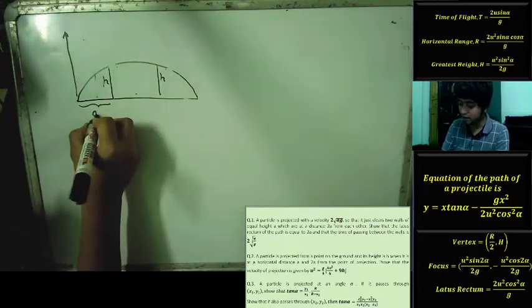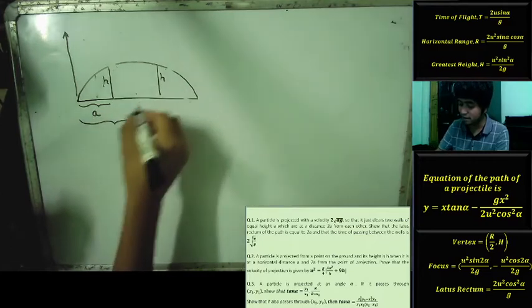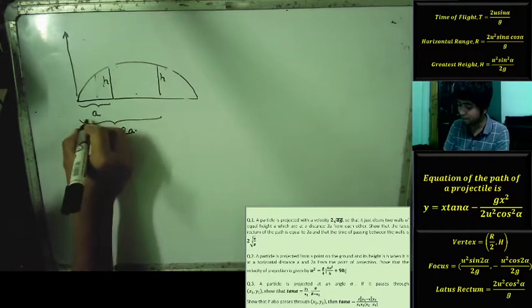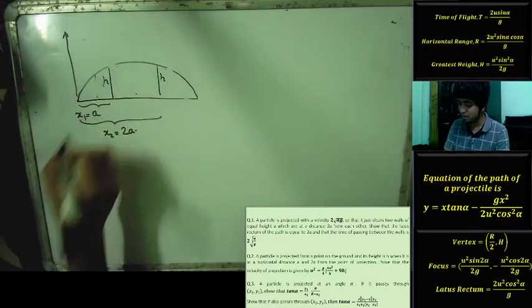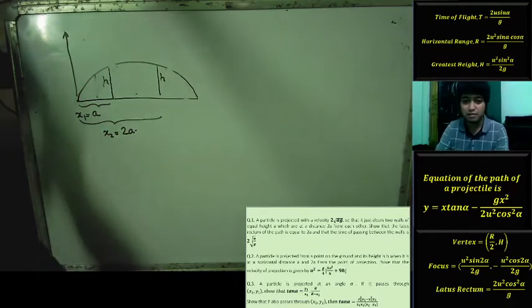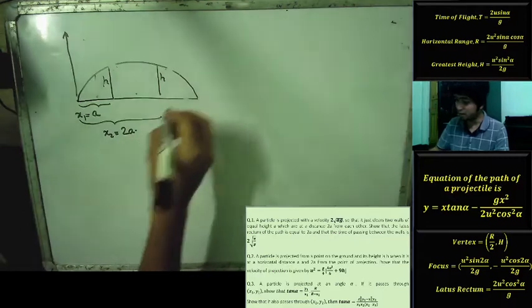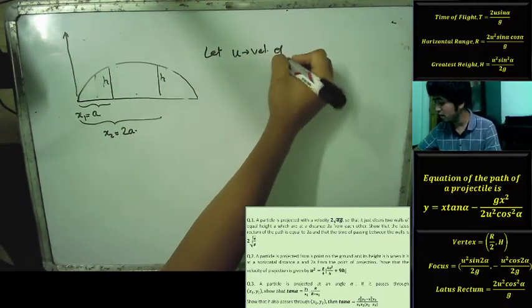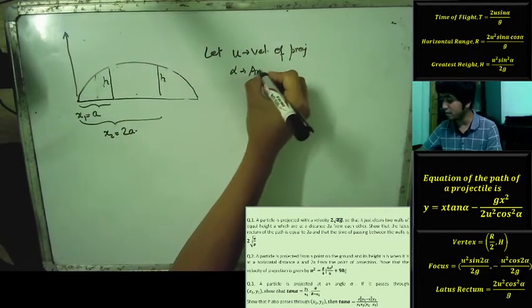So the distance of the first wall is a, and the horizontal distance of the second wall is 2a. x2 is equal to 2a, x1 equal to a. So this is what we are having. We just need to find the velocity. So let u be the velocity of projection and let alpha be the angle of projection.